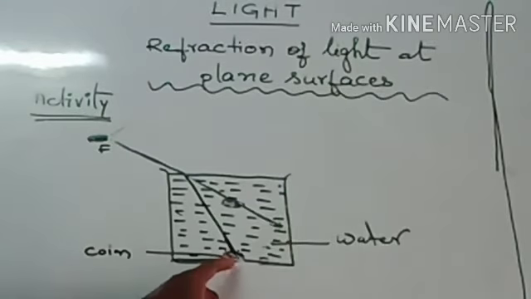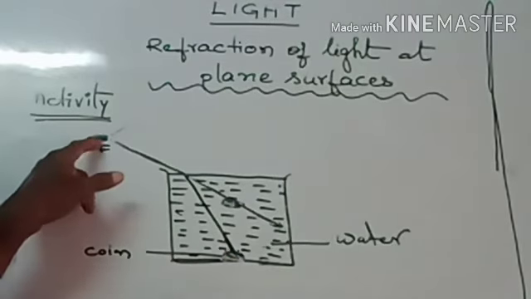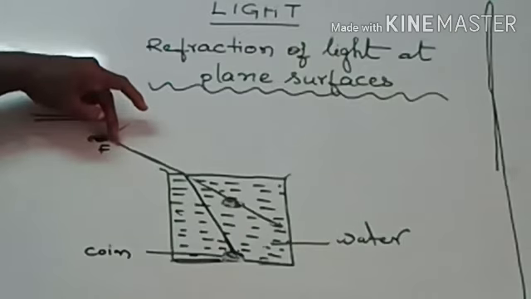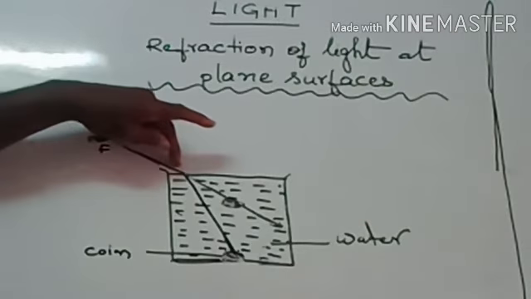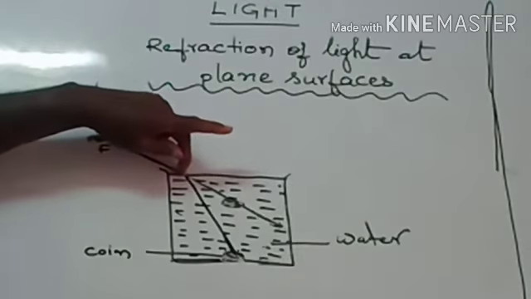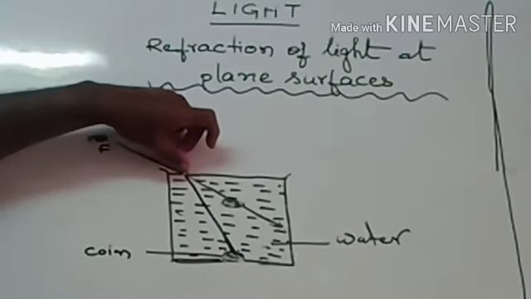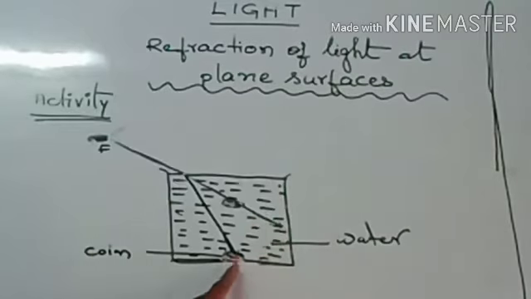The ray passing from the coin bends at the surface of the water towards this side, and so the coin appears.